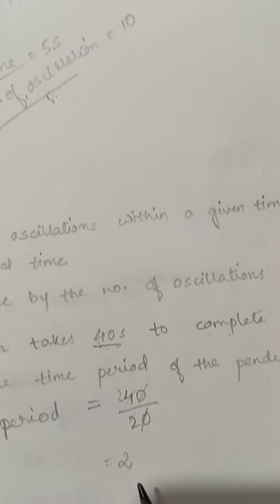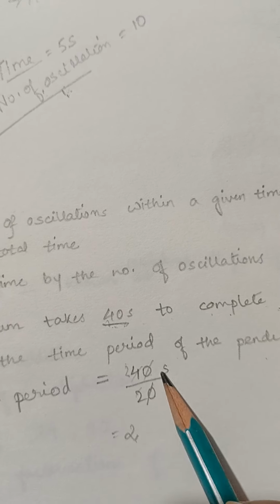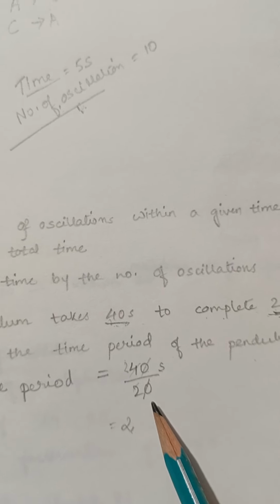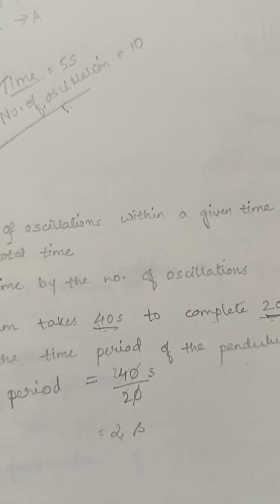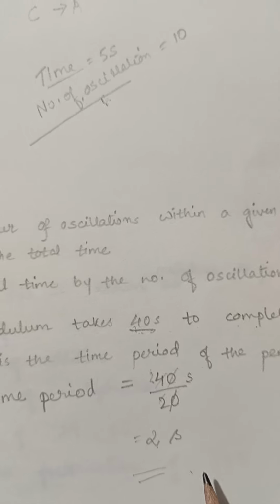So time period is 2, and the unit of 40 is second, and there is no unit for 20 because it is a number of oscillations. Therefore the time period is 2 seconds. Very simple. I hope you understood how to calculate time period.